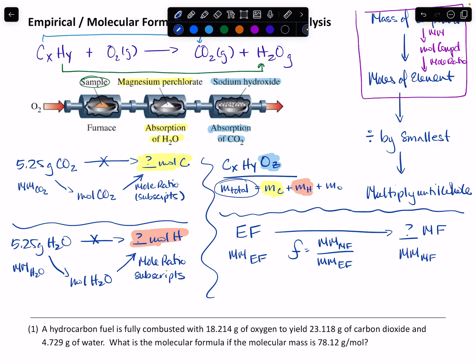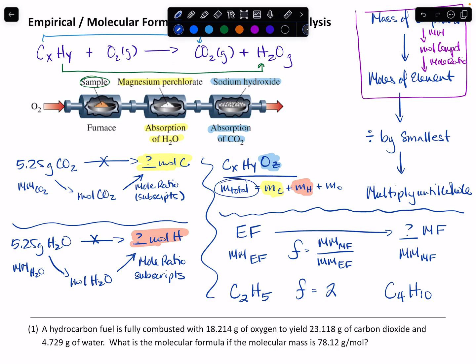And then we're just going to multiply all of those subscripts by that value. So let's say, for example, we had an empirical formula of C2H5, and we found that this factor was 2. Well, then our molecular formula must be C4H10. So don't forget that step. If it asks for the molecular formula, you got to do this last step.